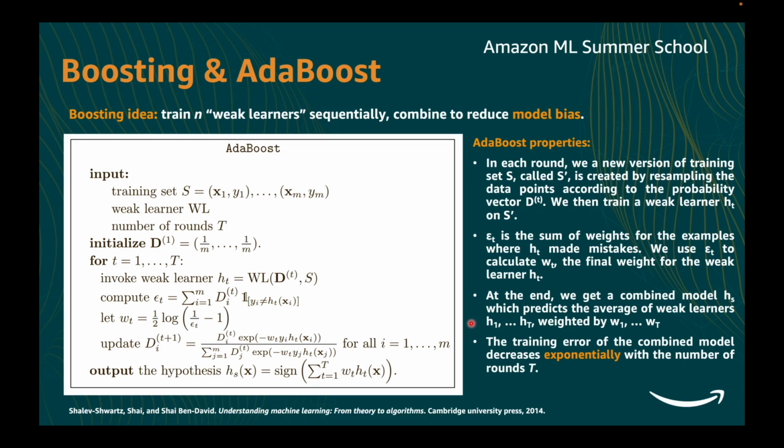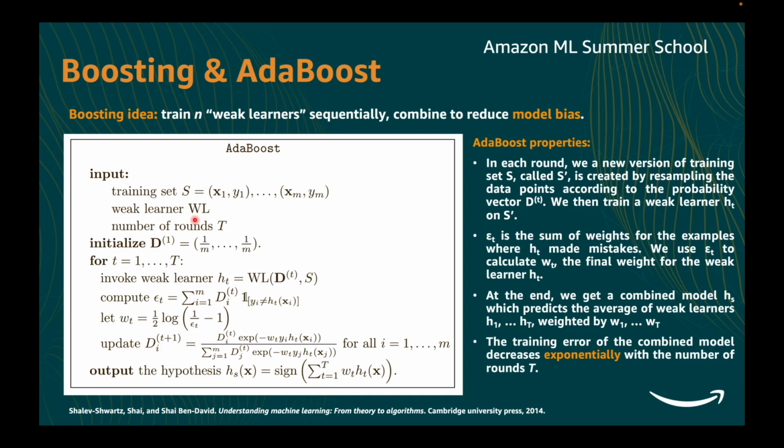The algorithm: you start with the training set, (x1, y1) pairs. You can imagine this to be a classification problem where y is true or false, and then you start with a weak learner, which can be a decision stump, right? Just a decision tree with a single node. You proceed in a number of rounds, in T rounds.